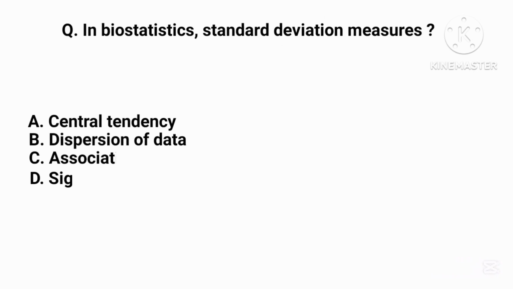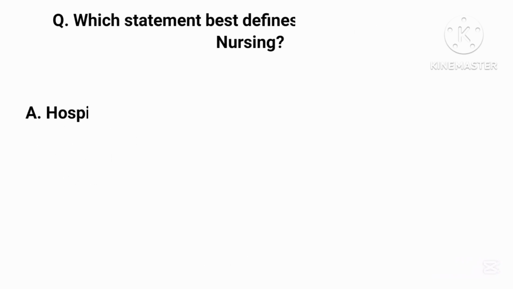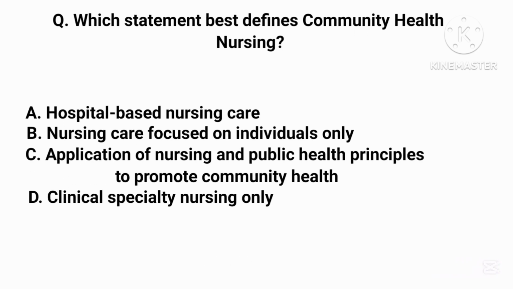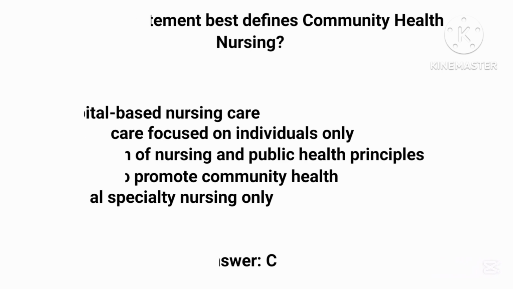In biostatistics, standard deviation measures. Correct answer is option C, dispersion of data. Which statement best defines community health nursing? Correct answer is option C, application of nursing and public health principles to promote community health.